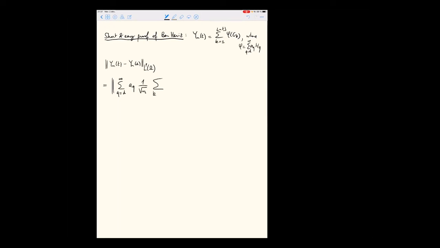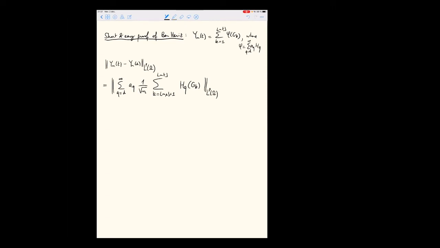Then the increment, so it means that my sum over k is between ns plus 1 and nt here. And then I have Hermite polynomials evaluated in g_k. And finally, the L^p(Ω) norm.